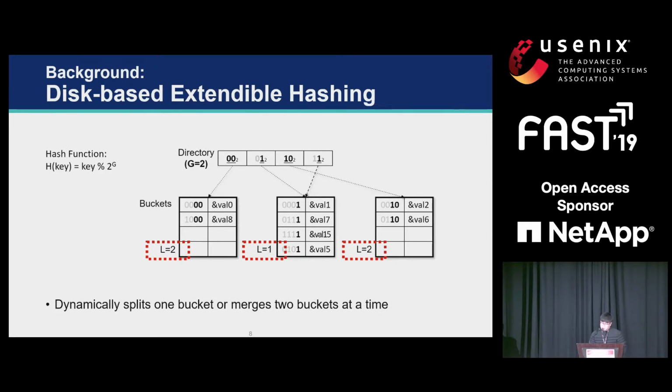In this example, the global depth G is 2, so we use 2 bits to find the bucket. The middle bucket is pointed to by 2 pointers, so any hash key whose postfix is either 01 or 11 is stored in this middle bucket. So the length of this common postfix in the middle bucket is 1. Therefore, the local depth of this bucket is 1.